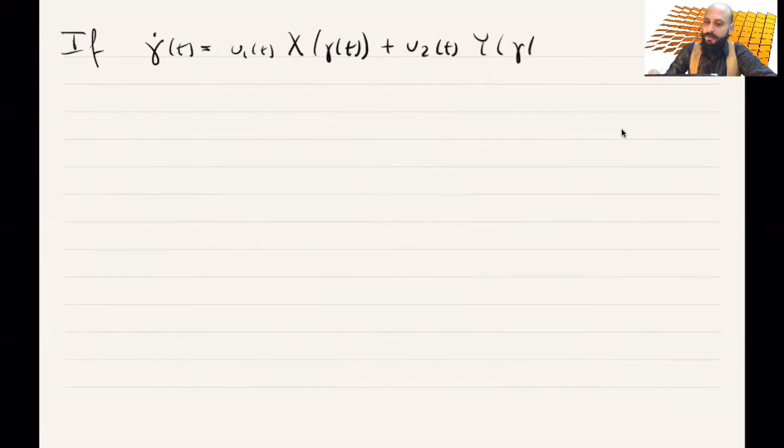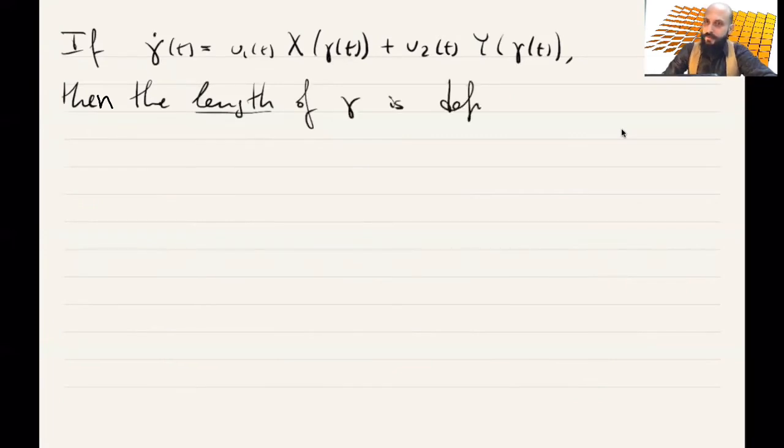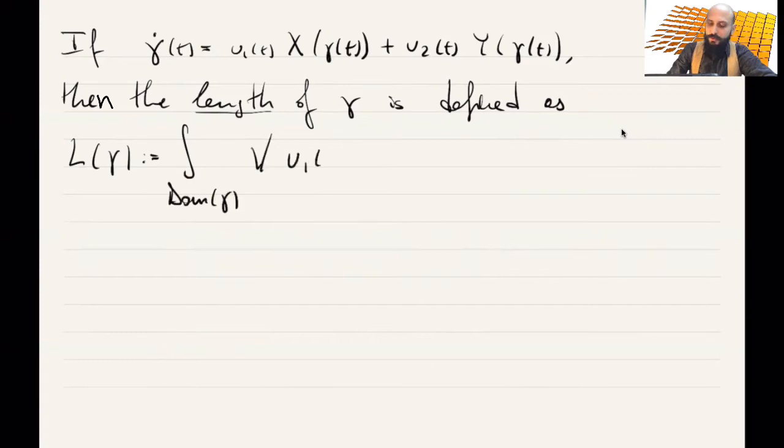Now, if we have a horizontal curve, so if gamma dot of t is equal to u1(t) X at gamma(t) plus u2(t) Y at gamma(t), then the length of gamma is defined as the integral over the domain of the curve gamma of the square root of u1(t) squared plus u2(t) squared in dt.